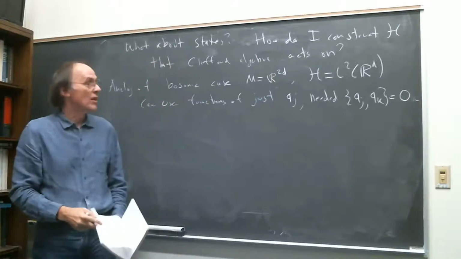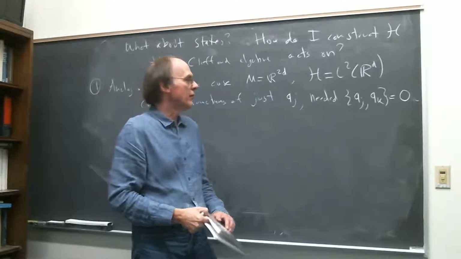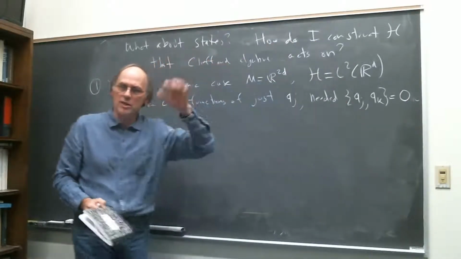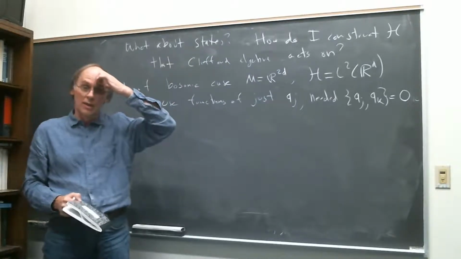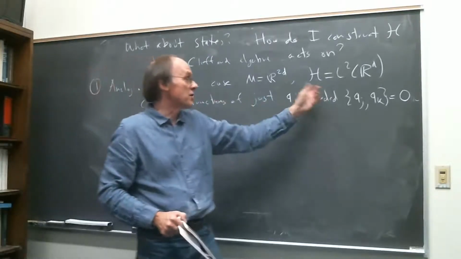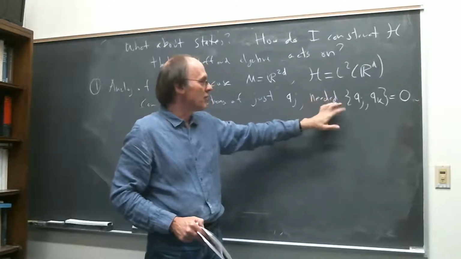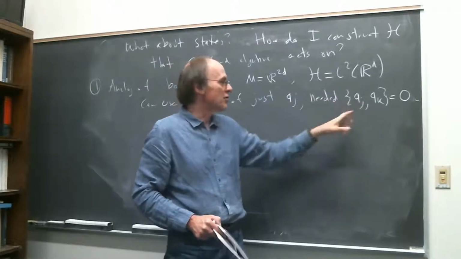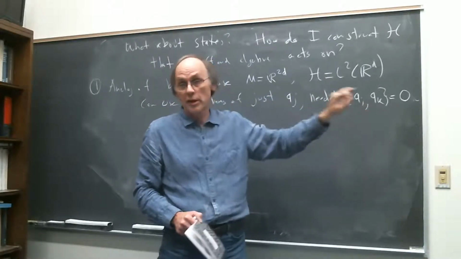If you look at what was going on when we constructed this representation of the Heisenberg algebra on functions of Q, for all this to work, you needed it to be functions of Poisson commuting variables.